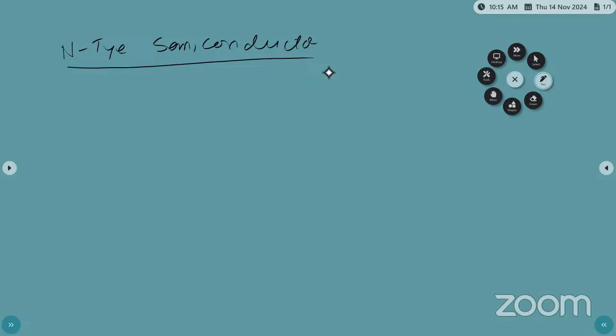First one is the N-type semiconductor. Now I will draw one block for this N-type semiconductor. So here, this is the N-type semiconductor, and this is germanium plus impurity.